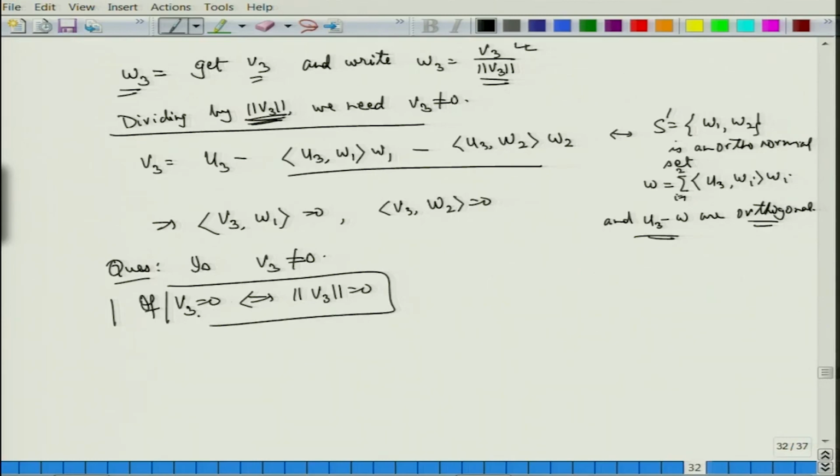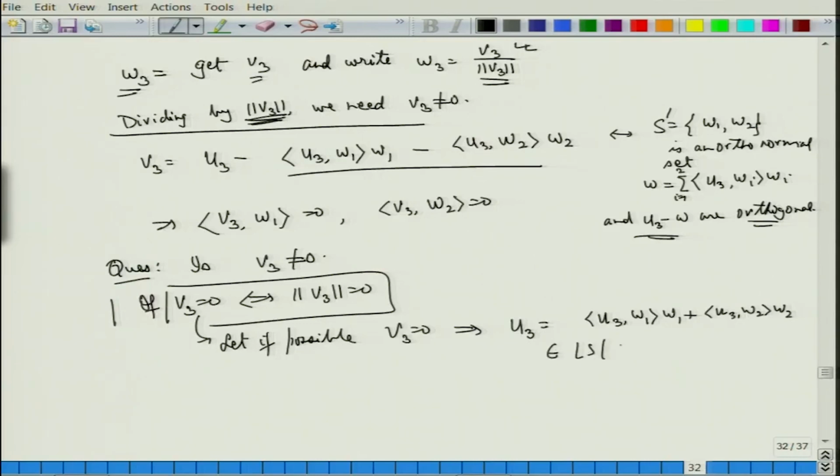So suppose, if possible, V3 is 0. This implies that U3 is equal to the inner product of U3 with W1 times W1 plus the inner product of U3 with W2 times W2, and this implies that U3 belongs to the linear span of W1 and W2.